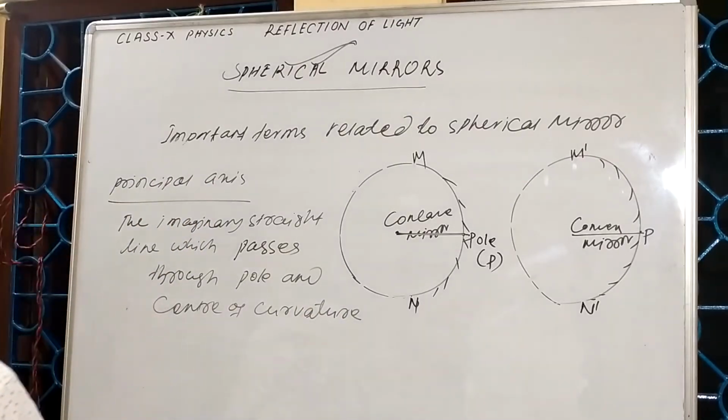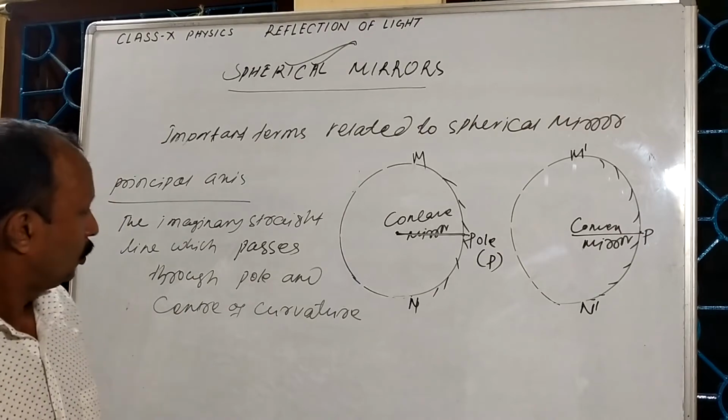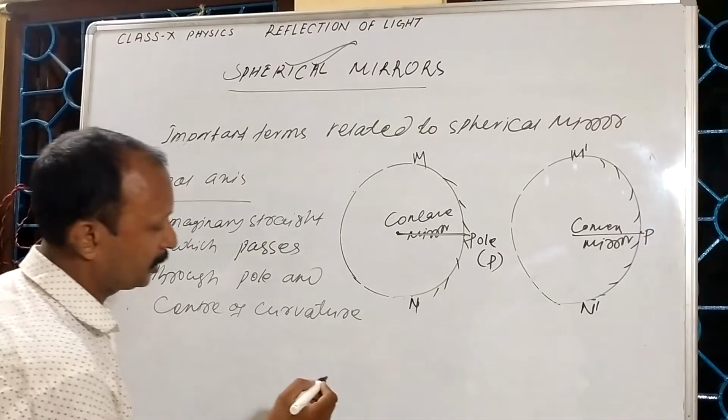Thus, imaginary straight line which passes through pole and center of curvature.